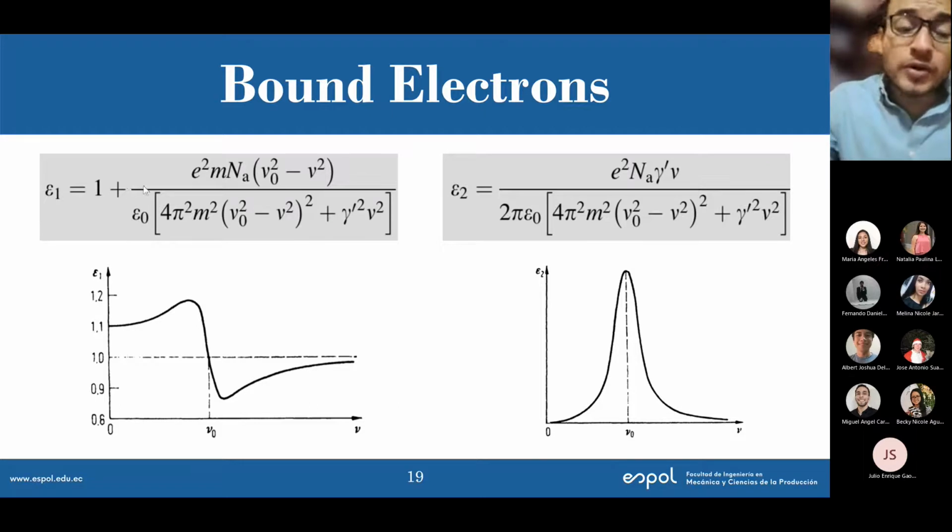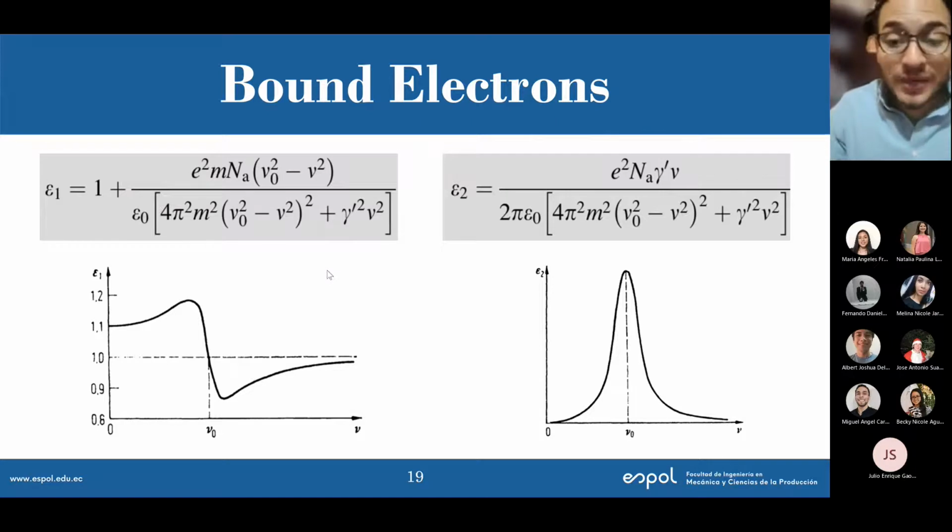Now you might be wondering, okay, what do the terms mean here? Well, e is the charge of the electron, m is the mass, and Na is what we officially call the number of oscillators, or the number of dipoles, right? And you might be wondering, wait, what is that? We just assume, such as we did for the free electron theory, that we have one free electron per atom. You assume the same here. You have one oscillator per atom.